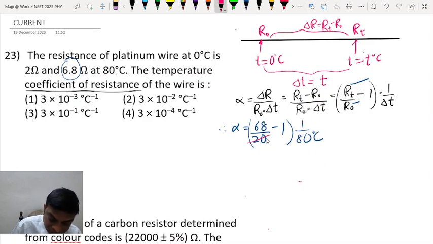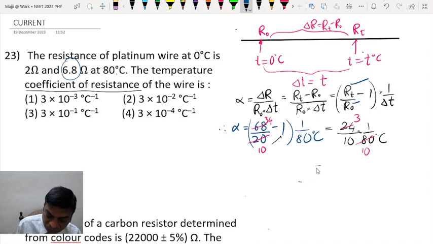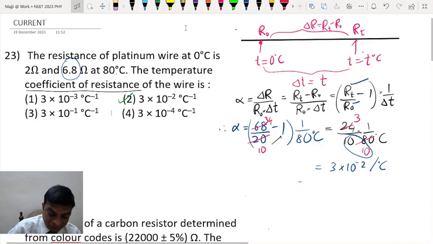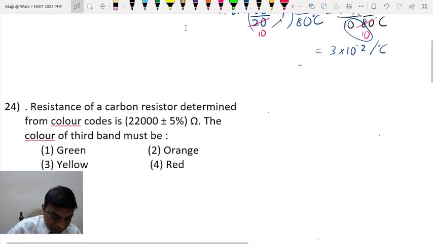Here 2 tens are 20, 2 34s are 68, so 34 minus 10 is 24 by 10, into 1 by 80 degrees Celsius. This will get cancelled: 8 tens are 80, 8 threes are 24. So therefore we have 3 into 10 to the power minus 2 per degree Celsius. So the correct option is the second option. I hope that is clear. Moving on to the next question.